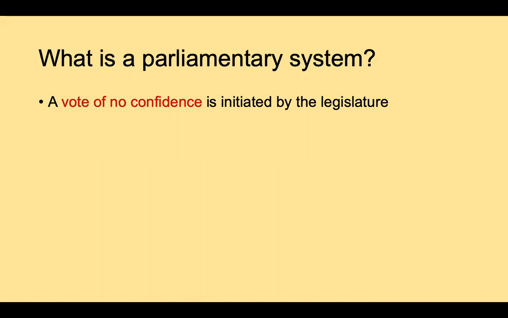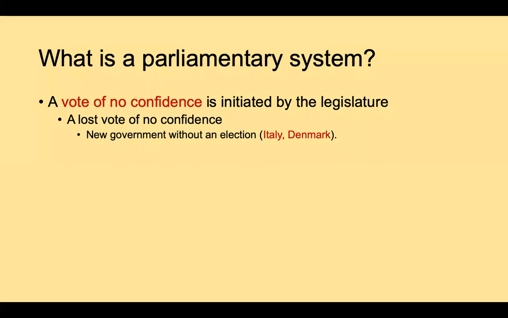In the same sense, the legislature, as you know, also has the power to issue a vote of no confidence and therefore to withdraw its support of the executive. A vote of no confidence that the executive loses, the legislature wins, can result in a new government without an election.